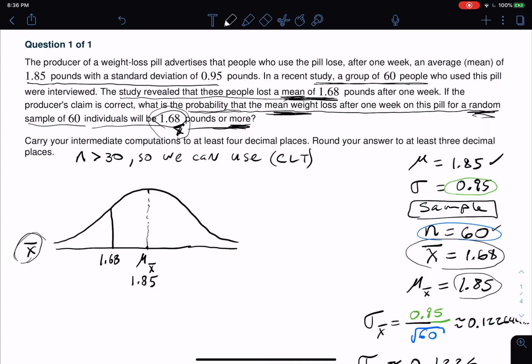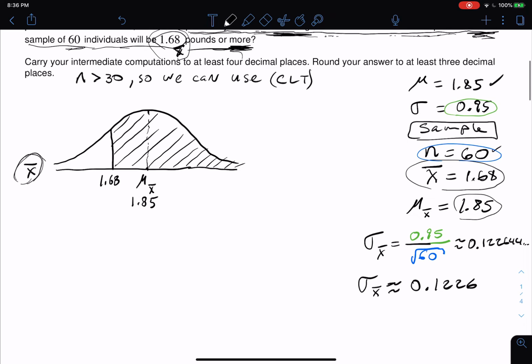What's the probability that the mean weight loss after 1 week on this pill for a random sample of 60 individuals will be 1.68 pounds or more? Well, that means we need to find the area under that curve, and that'll be the probability.